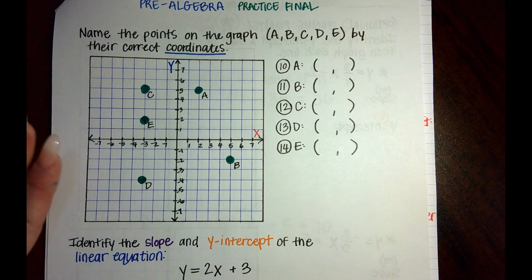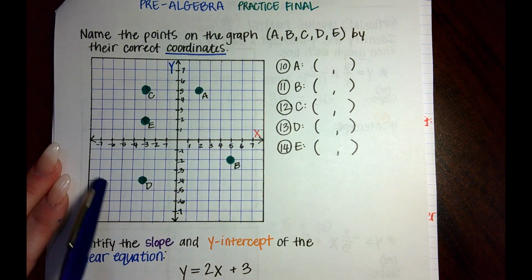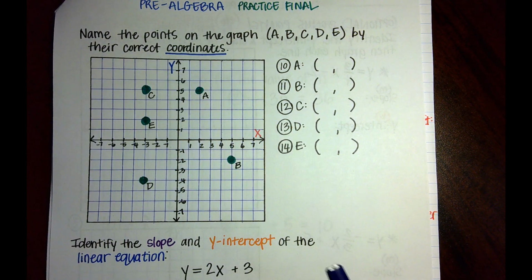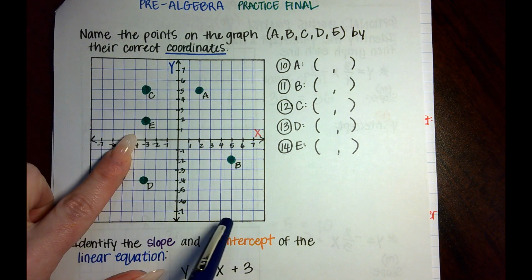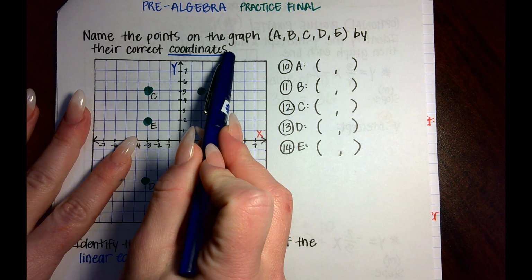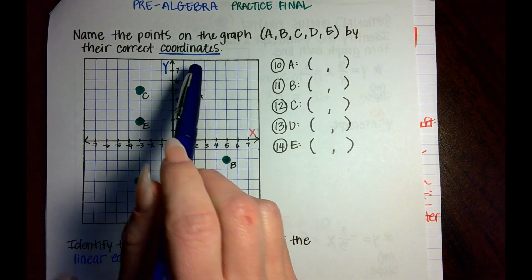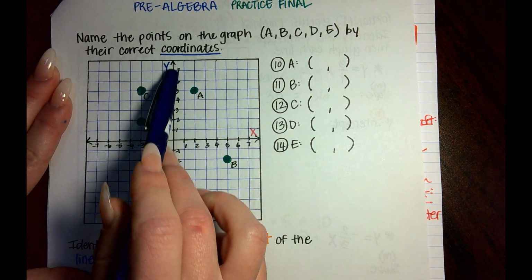So on page 3 of the practice final, you will see that there are some dots on a grid. Okay, I'm going to give you names for these. These little dots are what we call coordinates. A coordinate tells you where a point is on what we call a graph. So this is our graph.